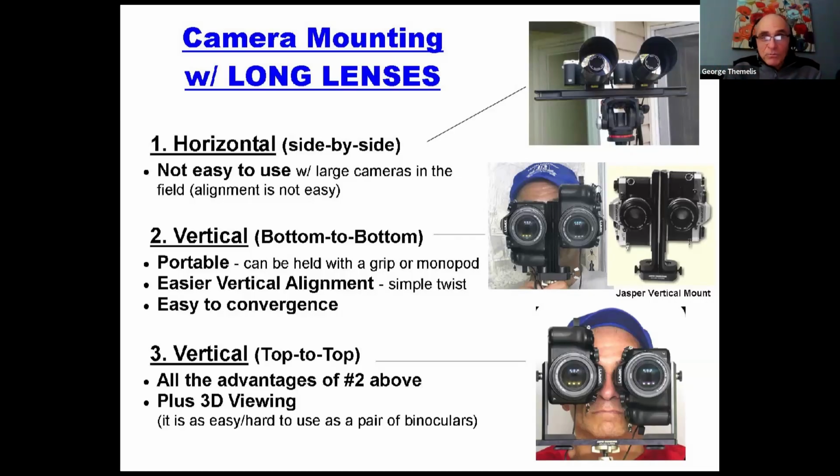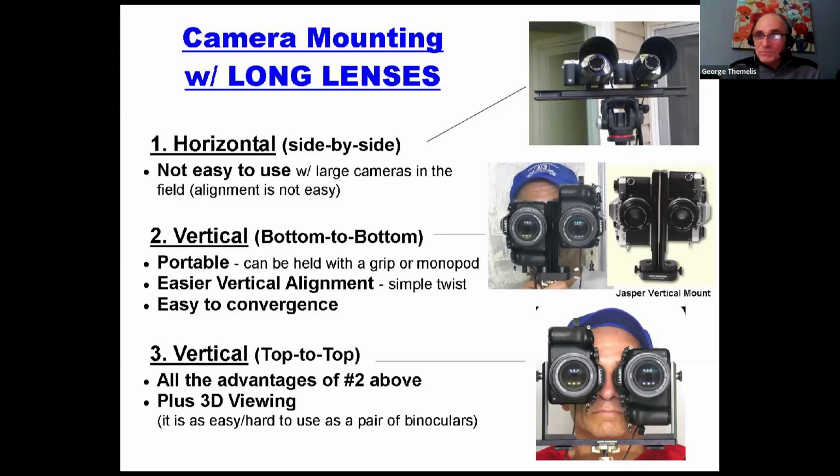Eventually, I realized that putting them vertically is actually a little bit better. It allows me to fix them horizontally, align them, and then I can converge them. And then I had this fine idea to turn them top to top so I can look through the viewfinders. And this is what I'm using most of the time. Basically, this is like a big pair of binoculars.